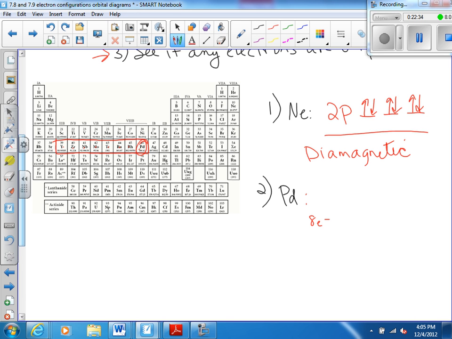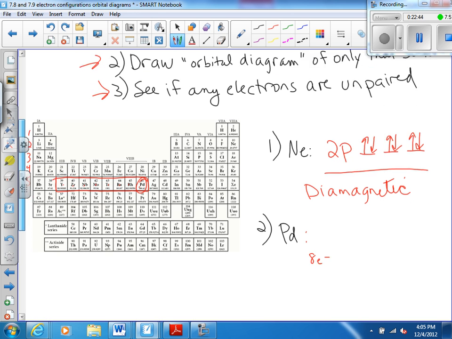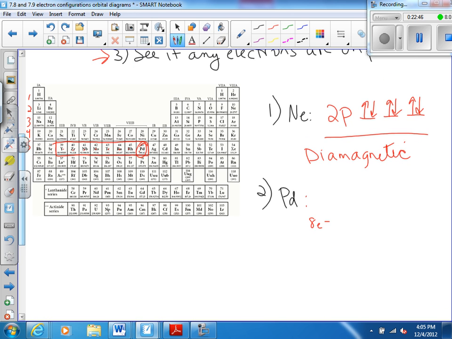And what sublevel am I in? Well, let's see. We're in the 1, 2, 3, 4, 5 row, the 5th row. And I remember that D's happen to always be, oops, it's not a 5D. D's are always 1 less than the row that they are in. So if I'm in the 5th row, these are 4 D's.